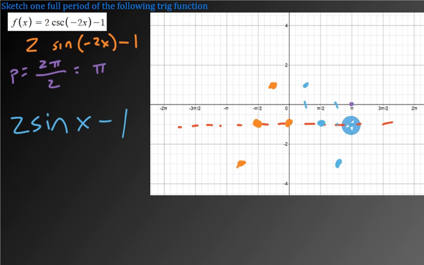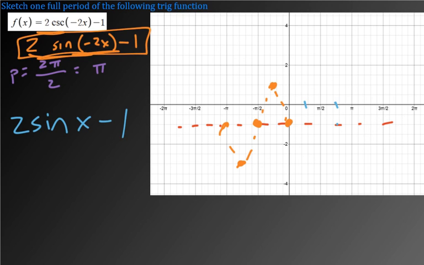And then this point also moves over, right there. So I don't really need these points now. And that right there is roughly what 2 sine minus 2x minus 1 is.